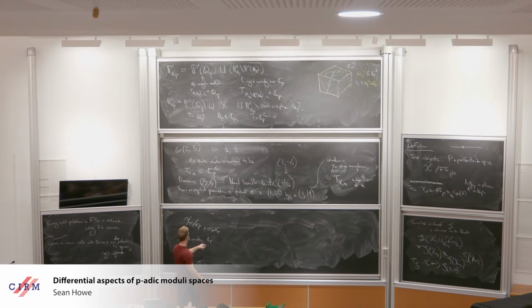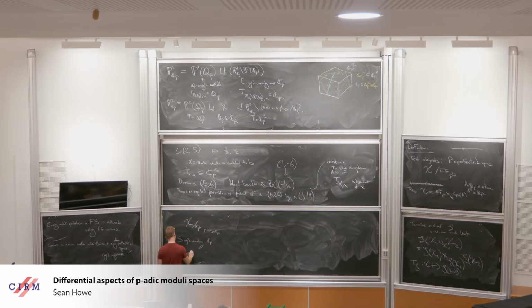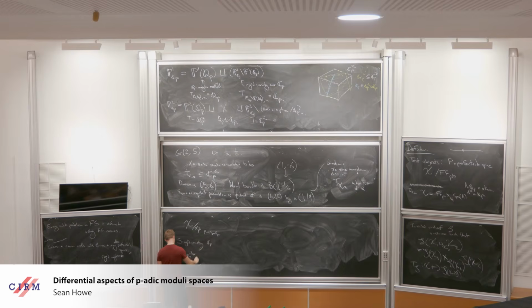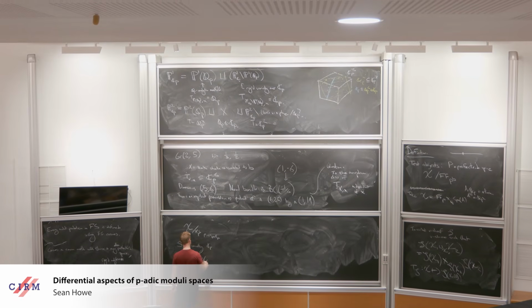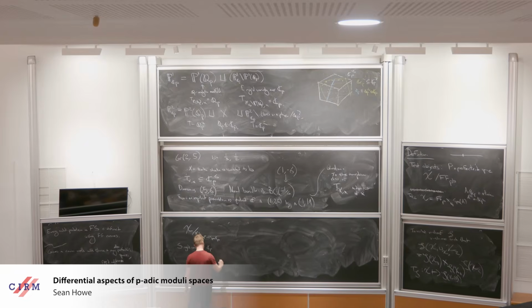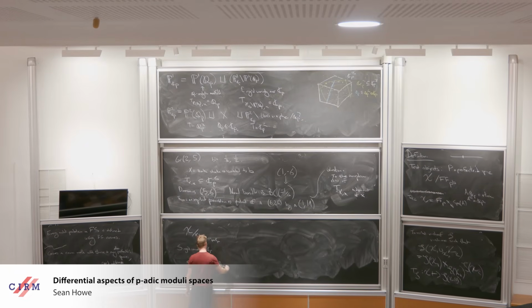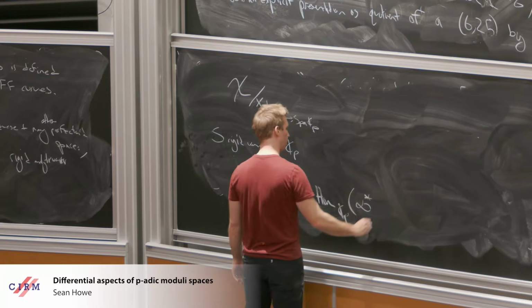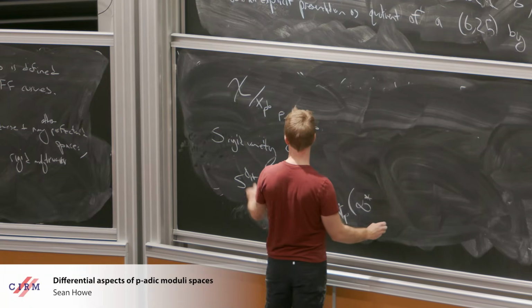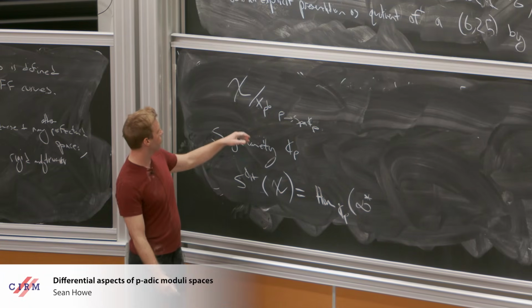And so if S is a rigid variety over C_p, then when I do this inscribed version of S to evaluate it on X, I just take the maps over C_p from the pullback of, so right, infinity is this canonical point.